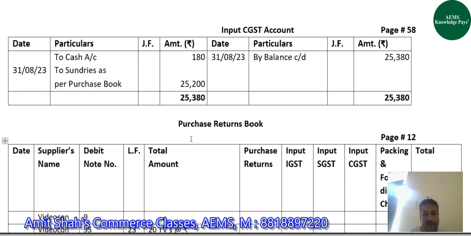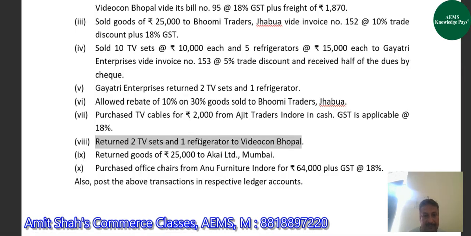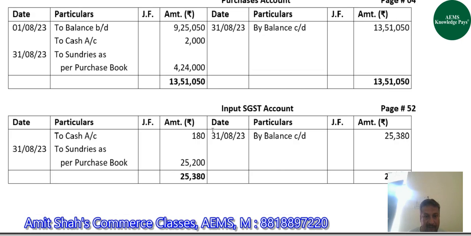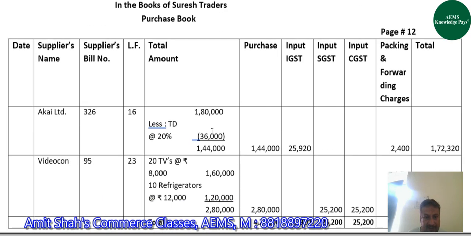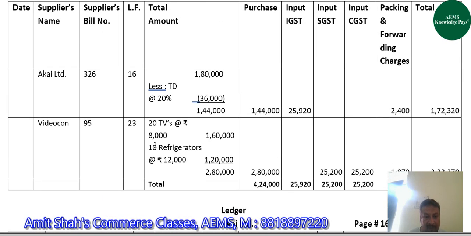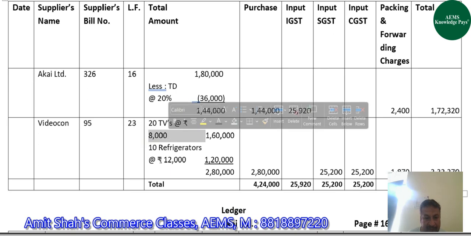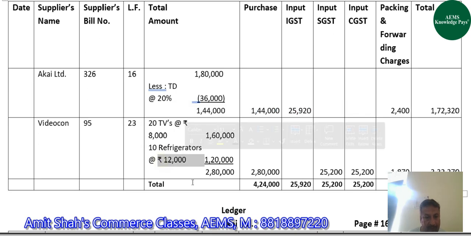We have returned 2 television sets and 1 refrigerator. When we purchased these items, the television set was rupees 8,000 and the refrigerator was rupees 12,000.